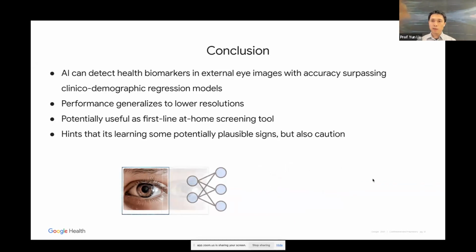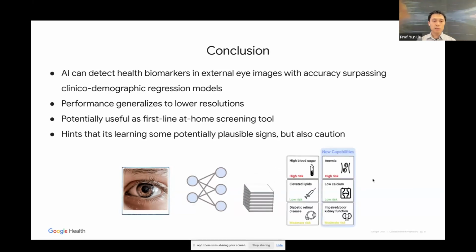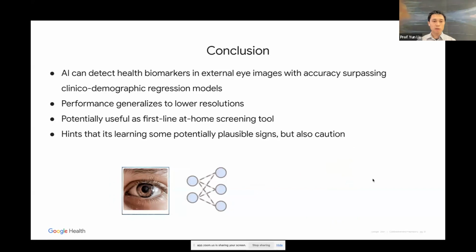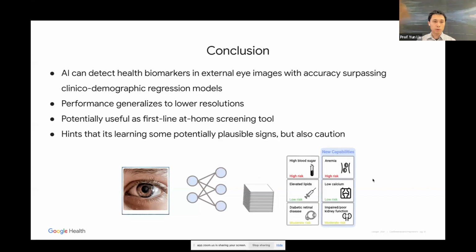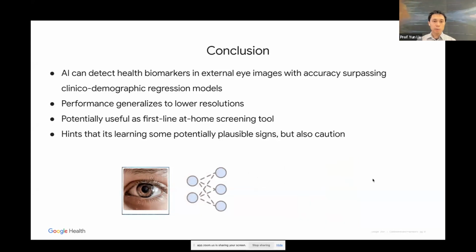When we applied a lot of these explainability techniques step by step, we found that the model seems to be learning things that are important in the middle of the eye as opposed to the periphery, which seemed promising.